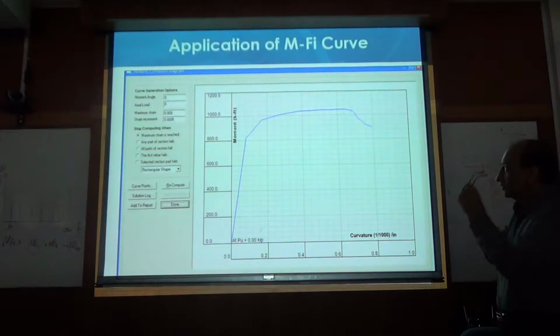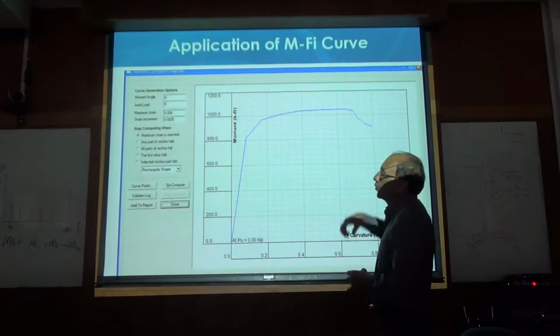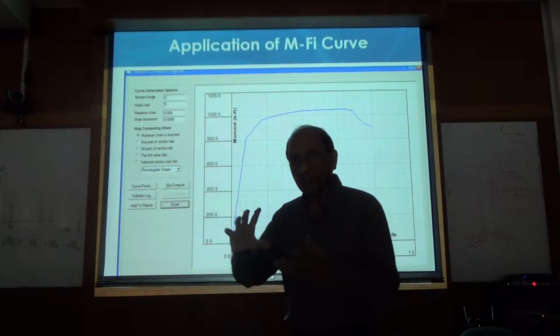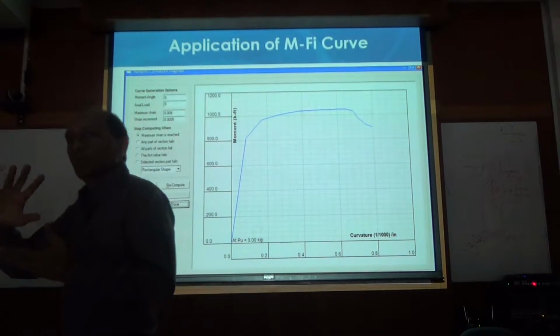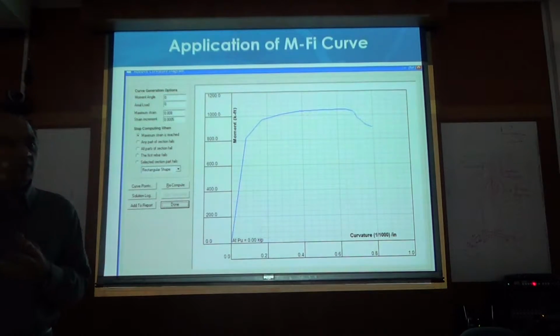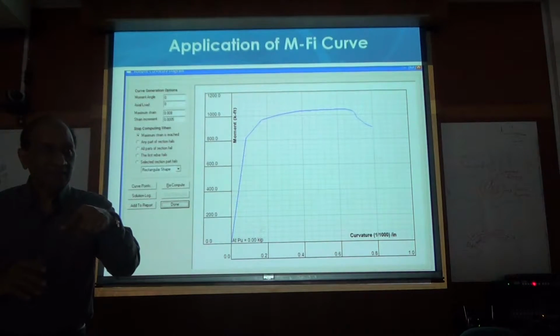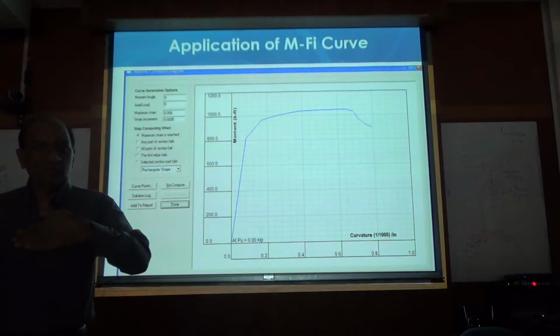Okay. So, first of all is moment angle. This is very important for a cross section. What direction of bending are we looking at for the moment curvature curve? Because the cross section can bend in any direction with respect to the x-axis. So this is the angle from the x-axis where you want to bend it.